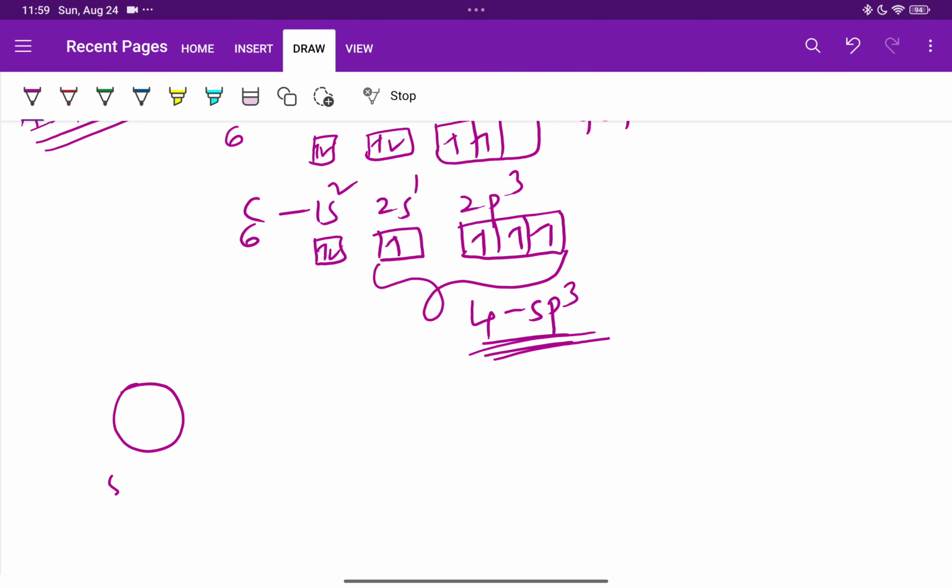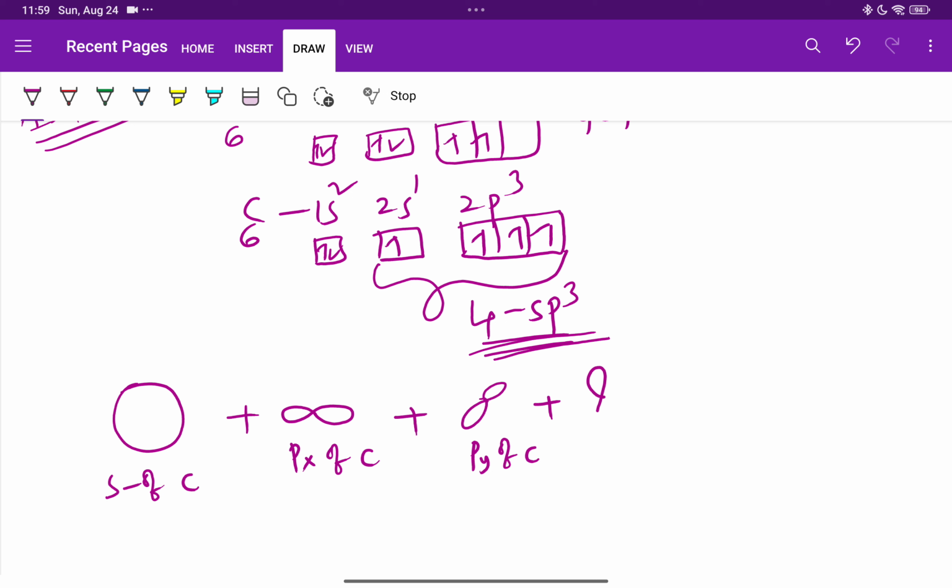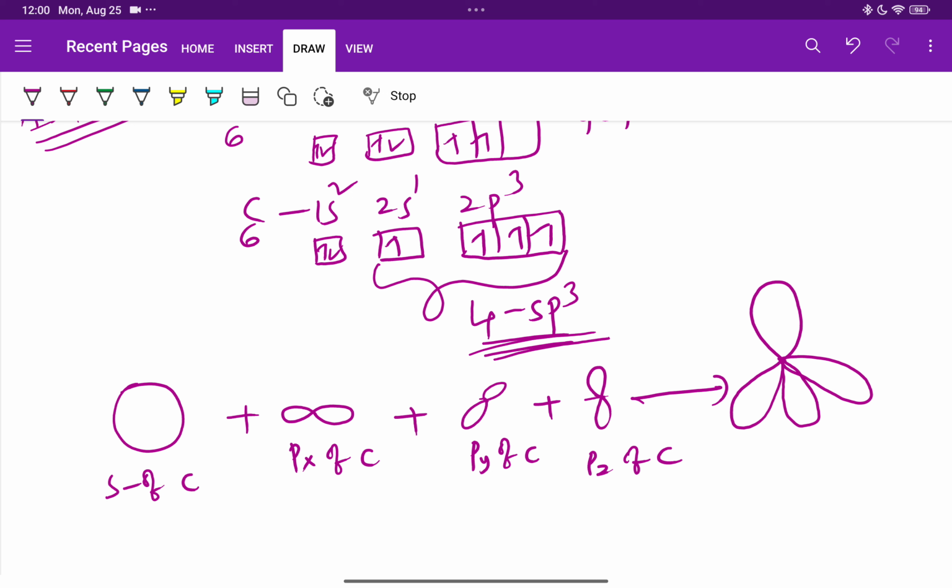This is the s orbital of carbon plus px of carbon plus py of carbon plus pz of carbon. Then these are the 4 lobes.